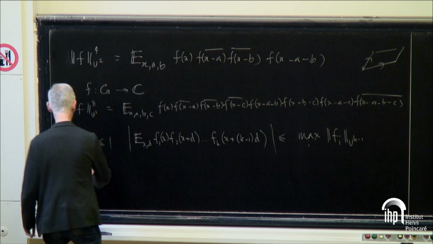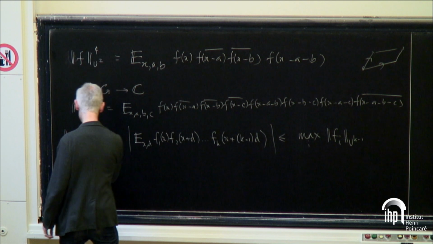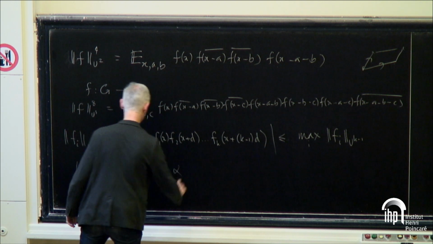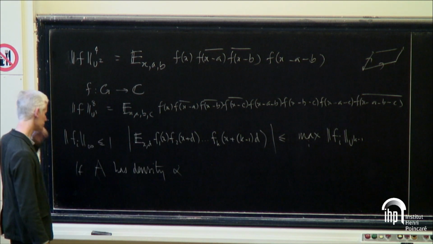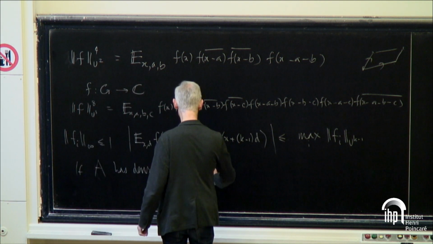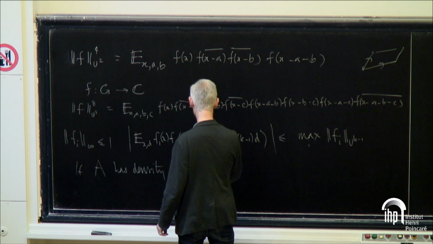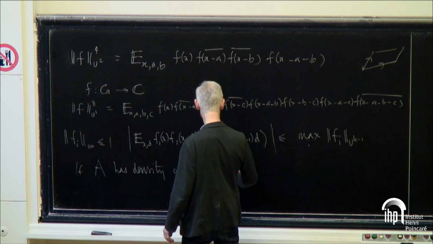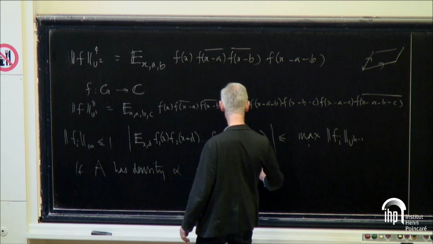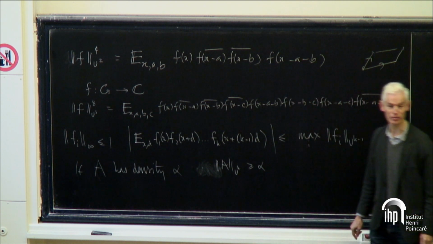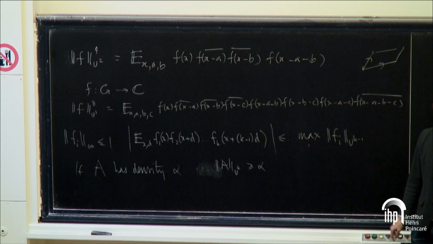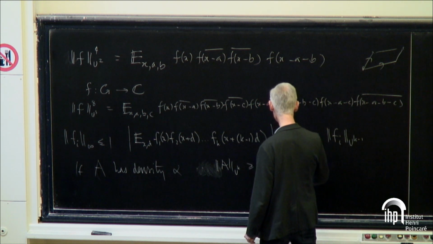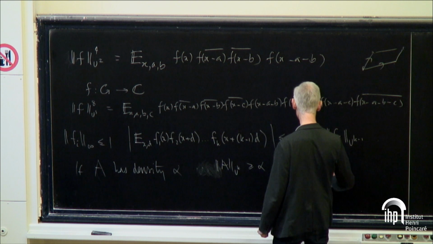So if A has density alpha, then one can show that the U^k norm of A has to be at least alpha. That's another Cauchy-Schwarz proof, with near equality, I beg your pardon.